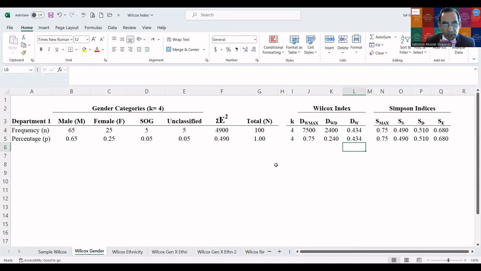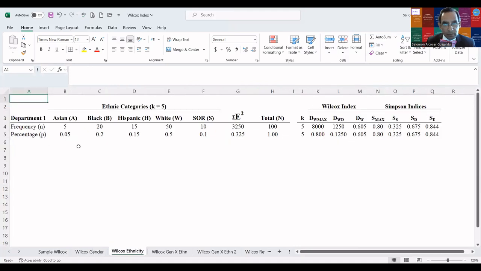Now let me go to apply the Wilcox index to the ethnicity data. Again, this is the same data that's been used in the previous episodes. So here, in terms of ethnicity, I have an Asian workforce composed of 5 individuals.